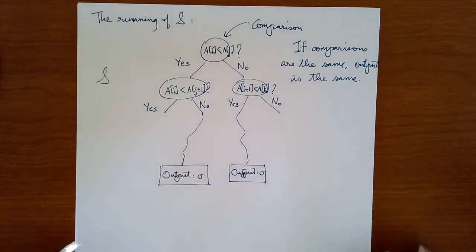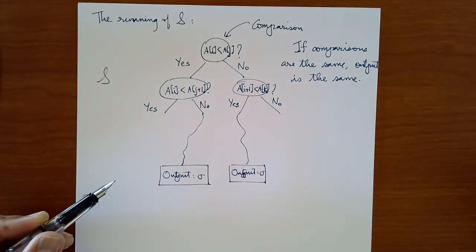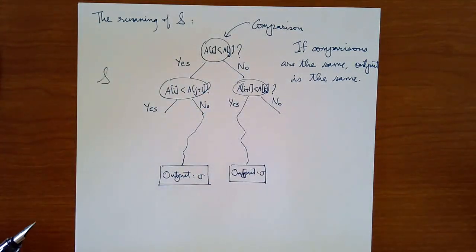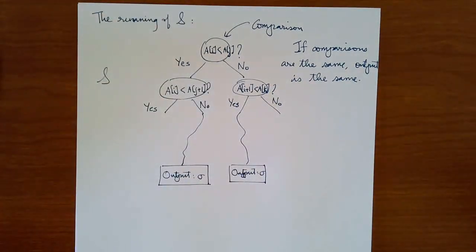That's completely fine. These can be the same. Maybe it does some sequence of comparisons, decides that the output is something, does some other sequence, although it's unlikely that that would happen. But I'm just saying that hypothetically, the algorithm can do anything. The only thing is it's correct.